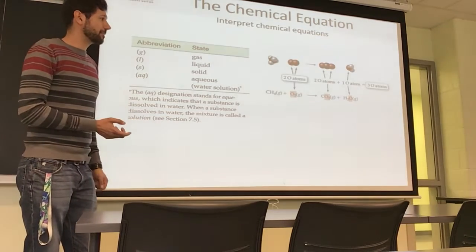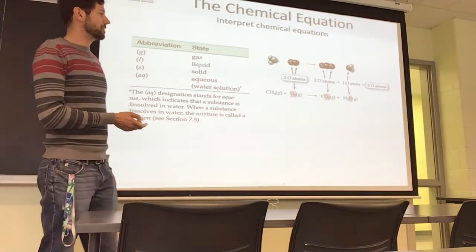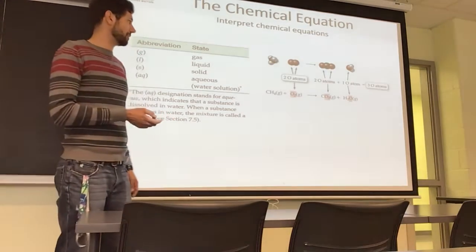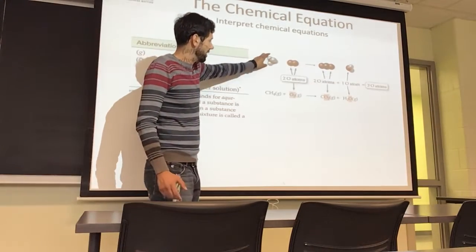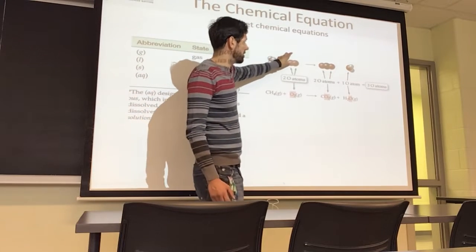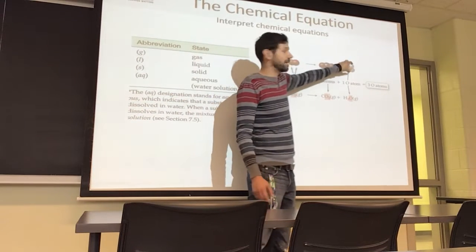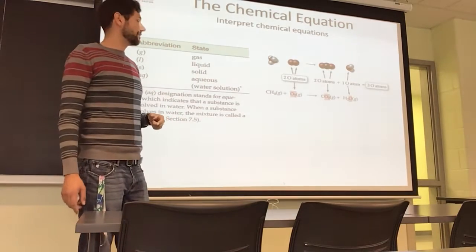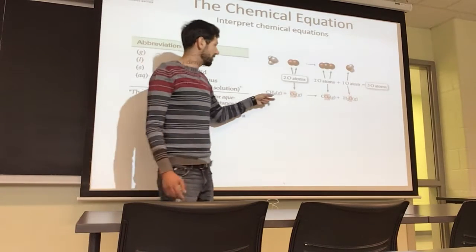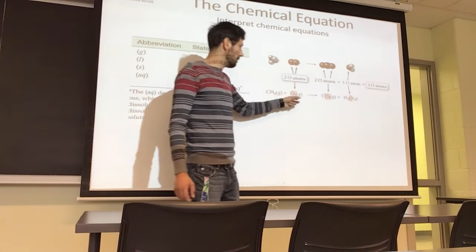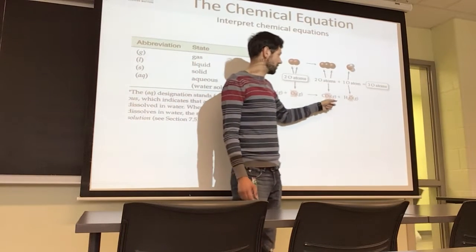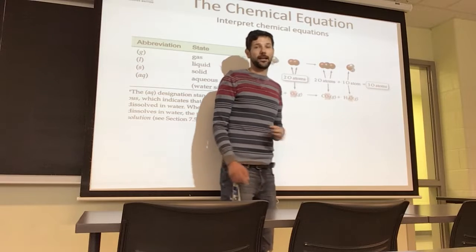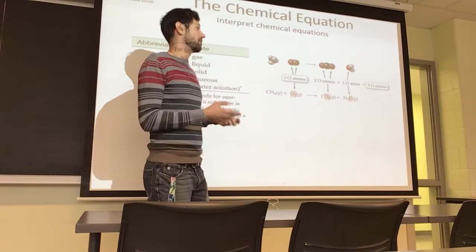So when we're looking at chemical equations, we're looking at what's happening with respect to molecules when they react. So here we have methane reacts with oxygen to make carbon dioxide and water. And what stoichiometry does is it helps us determine how many methanes react with how many oxygens to make a certain number of carbon dioxides and waters, or any chemical reaction.